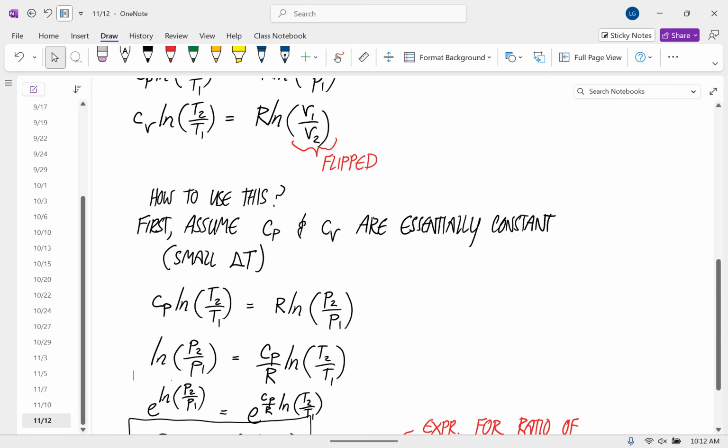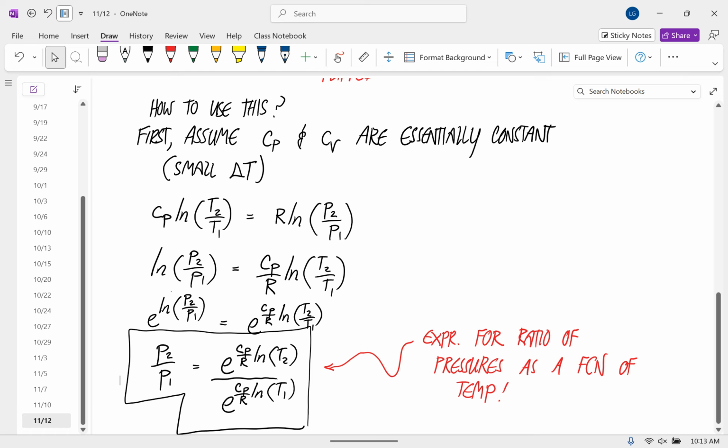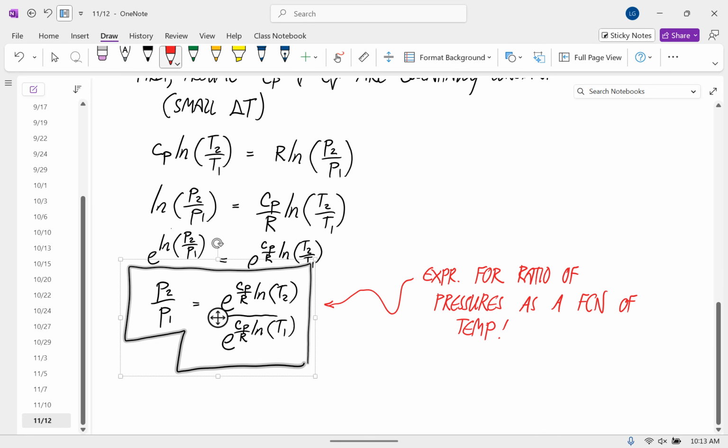So really, when I said this, I didn't have to assume for any of this that this is a small change in temperatures. But if you're going to use the same value of Cp for both the numerator and the denominator, you need to assume that it's constant. But if you could look these up at the two different temperatures, then you're not making any assumptions at all.